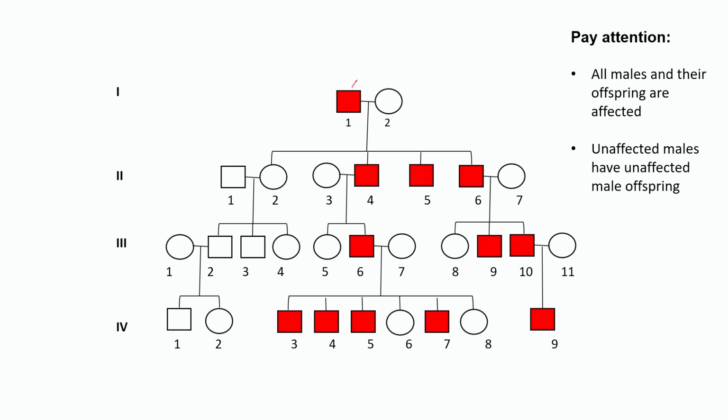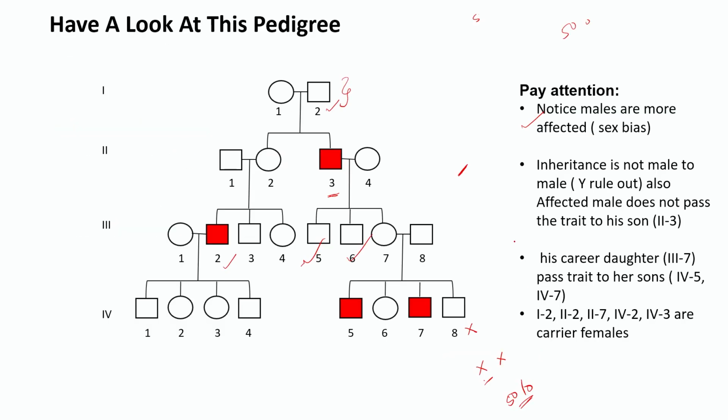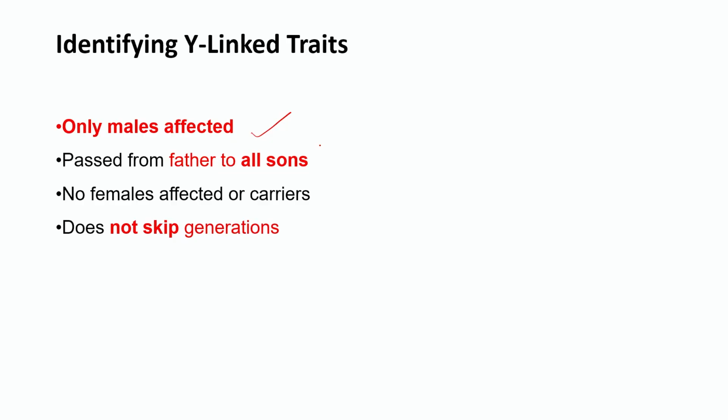If a parent is affected, then always a male child will be affected. You can see that. So do pay attention to these points, because sometimes just by looking at this X-linked recessive pedigree, if you're not judging every point critically, you might be confused and just say that, okay, it looks like a male Y-linked inheritance.